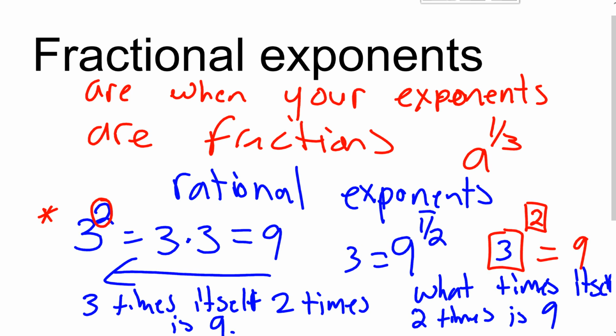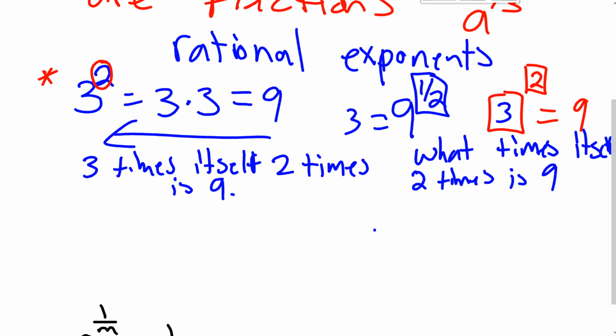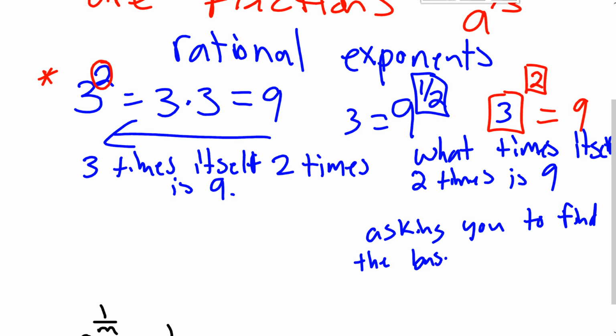So that's what fractional exponents are asking. It's asking what is being multiplied by itself. So you are finding the base. Whenever you have a fractional exponent, it's asking you to find the base, the number that you would normally square or multiply by itself 3 times or anything like that.